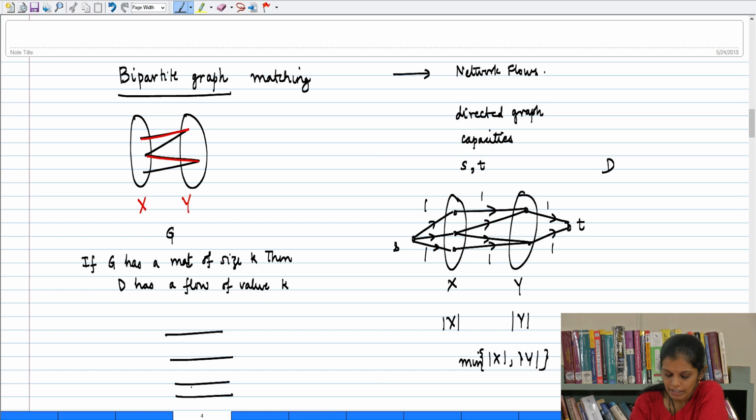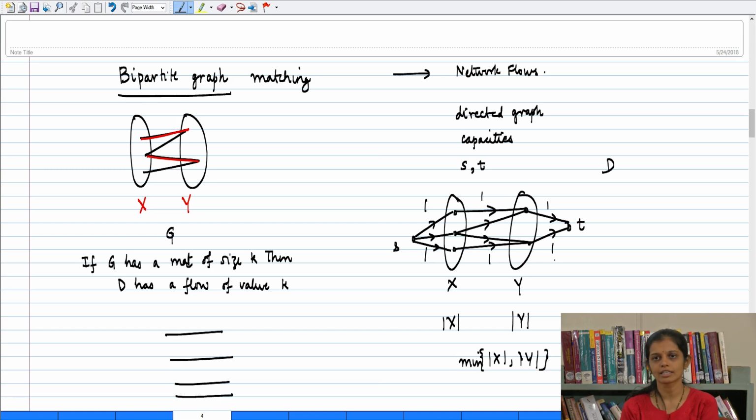Remember that if the edges were like this, they must have been directed from x to y in the corresponding flow network, but those are not the only edges, we have added some more edges. So you should show me a valid ST flow function which has a value equal to K.